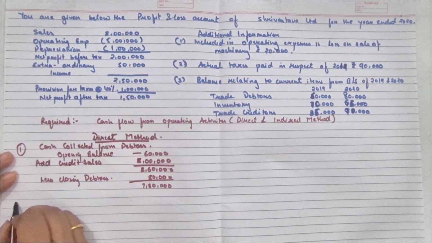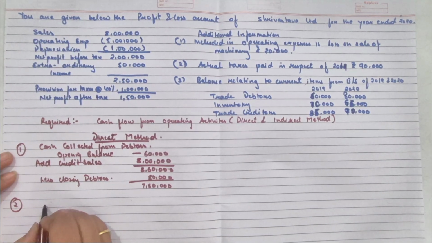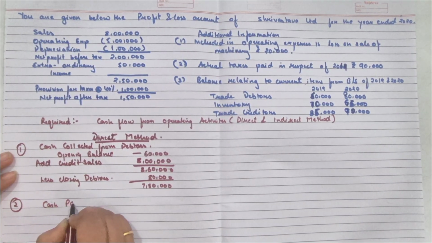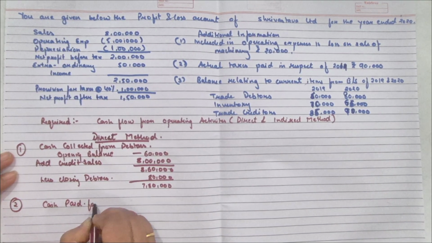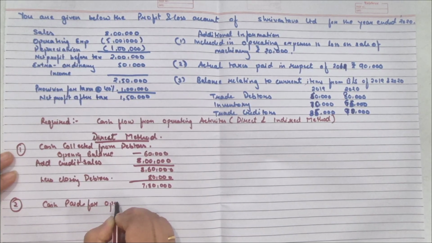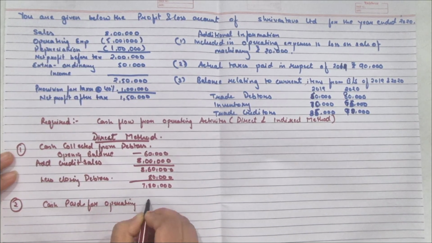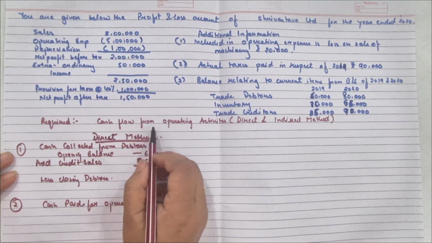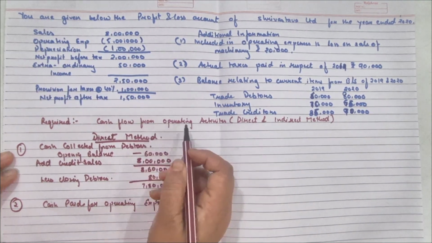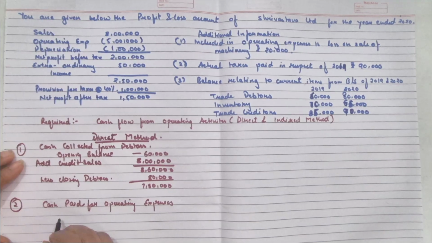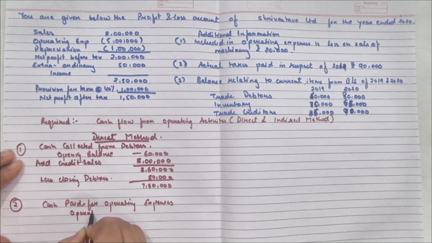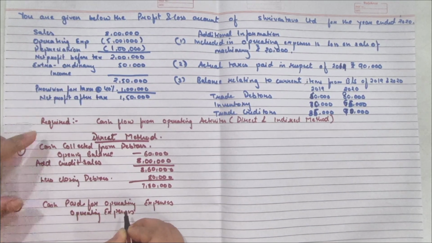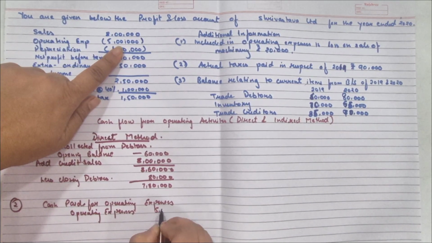Fine. This is the first working, and then similarly we have to see the cash paid for operating expenses, students, because we have to calculate cash flow for operating activities. So operating expenses are given as 5 lakh.